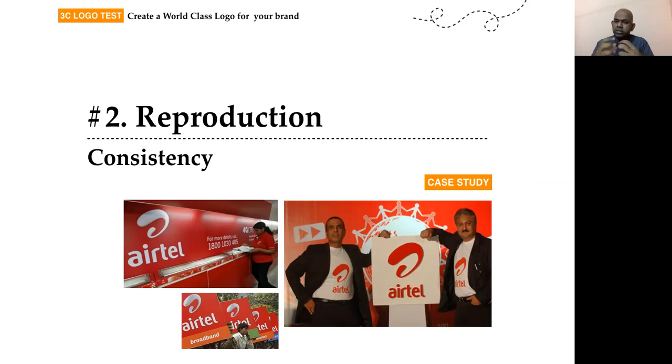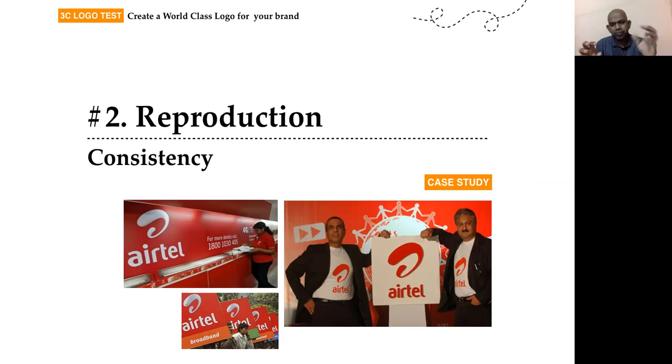What do we mean by this consistency? A logo has certain elements. Say, it has a font, it has color, it has a certain composition. When this logo gets printed on a t-shirt, and if the logo is very complex, then it will lose its integrity. So the logo that appears on a t-shirt will be a little different. The one which appears on the signage will be a little different. The one which appears on your visiting card will be a little different.